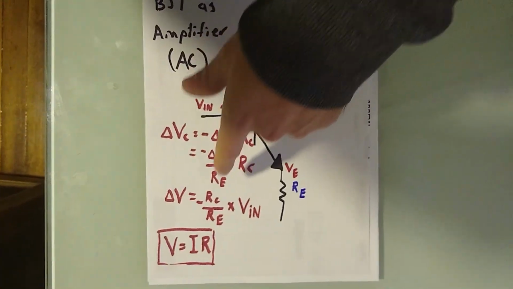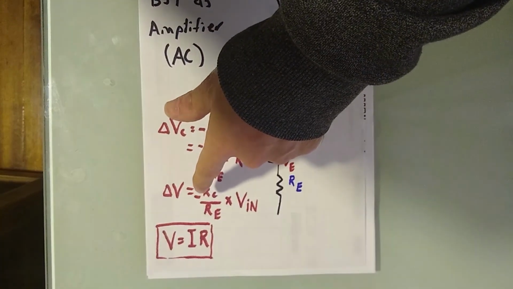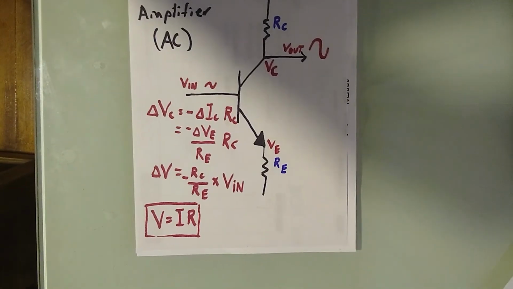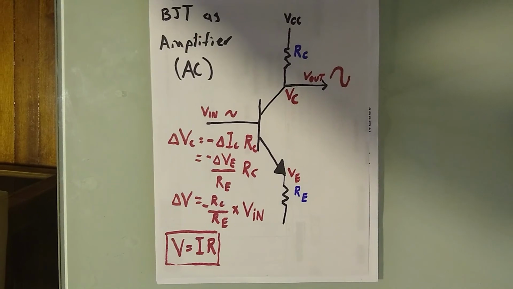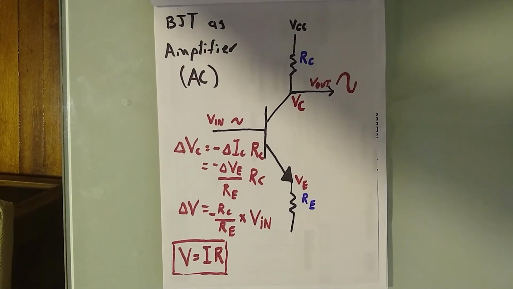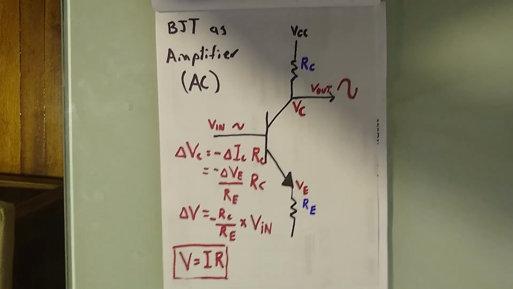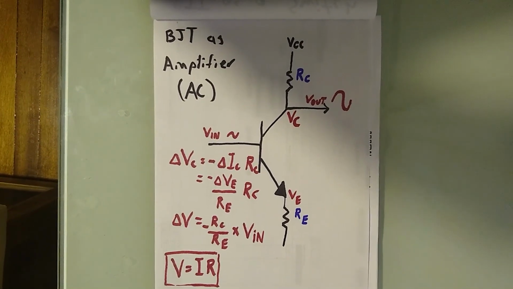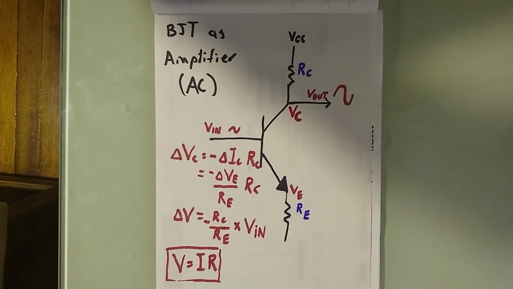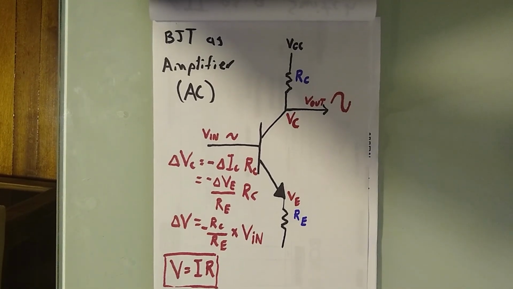So remember, for this gain, this negative simply denotes that it'll be an inverting gain, which means that the signal will be 180 degrees out of phase.